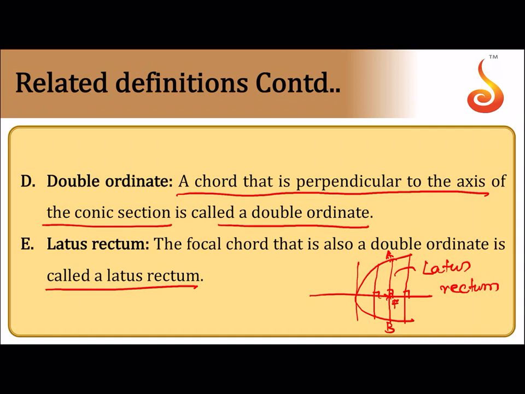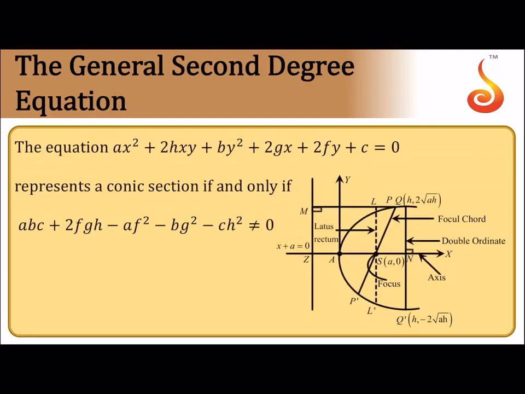What is the latus rectum? It is the double ordinate which passes through the focus. So double ordinates are all chords which are perpendicular to the axis. A double ordinate that passes through the focus is called the latus rectum.